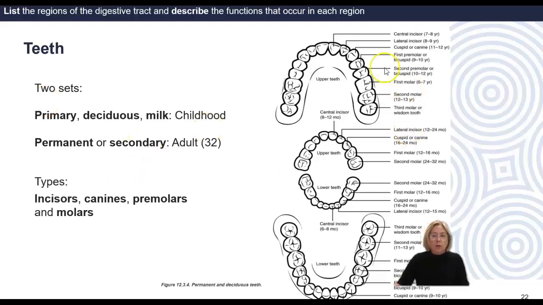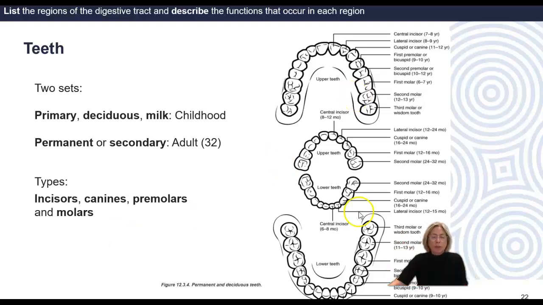Within a quadrant, there is one central incisor, one lateral incisor, one canine, the first and the second premolars, and then the first, second, and third molar, which is also called the wisdom tooth, because they usually appear late in the teens when people have supposedly acquired some wisdom.